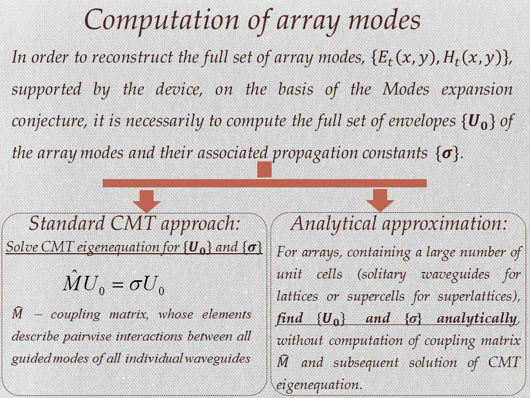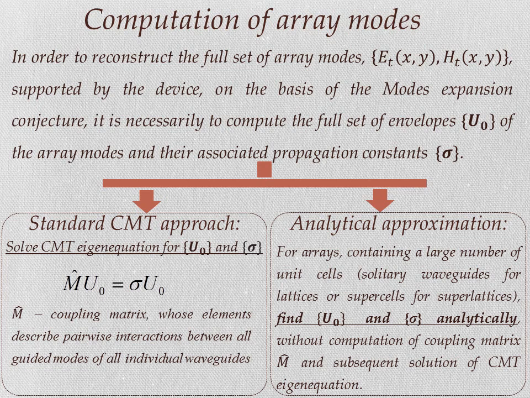Computation of array modes. In order to reconstruct the full set of array modes supported by the device on the basis of the mode's expansion conjecture, it is necessary to compute the full set of envelopes U0 of the array modes and their associated propagation constants. We can do it in two ways. One way is to follow the standard coupled mode approach, namely solve the coupled mode eigenequation for U0 and sigma.